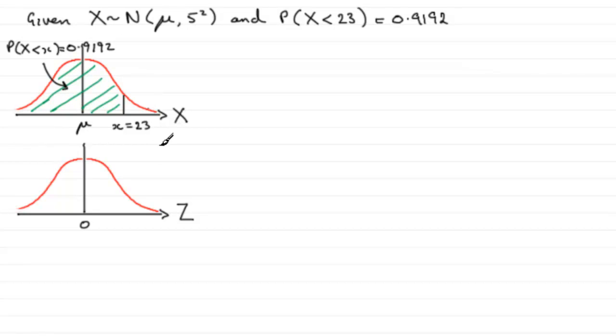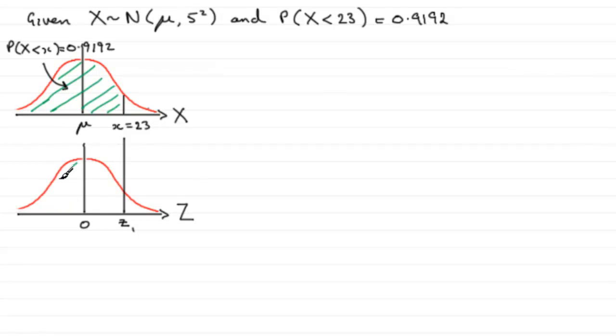That's that area in there. Now what I would want to do is project this back down onto the standardized normal distribution, and we've got this z value here, which I'm going to call z1. And remember, z1 is a measure of how many standard deviations this observed value is away from the mean mu.